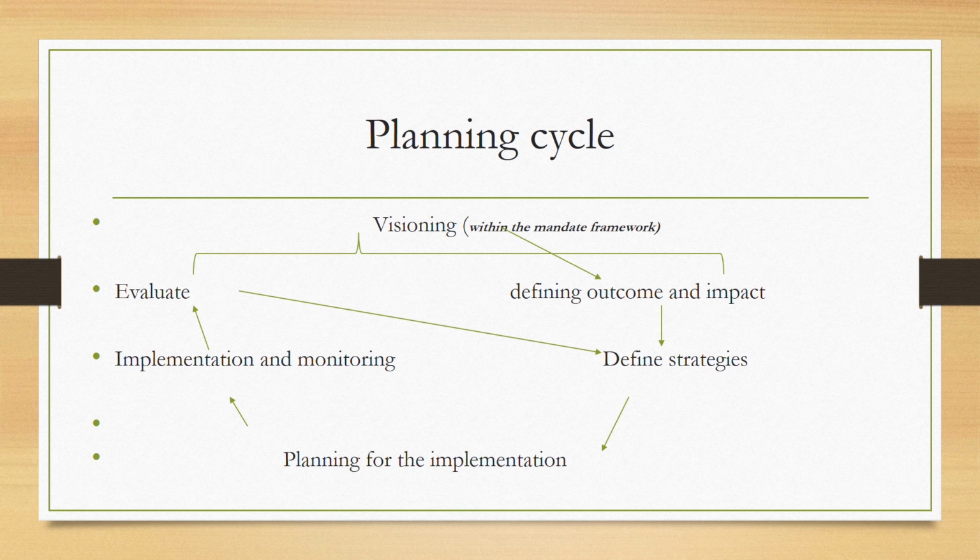What strategies should we implement to make sure that we attain those results? Then the implementation plan, how to go about implementing the strategies, and then you monitor and you evaluate to make sure that you have evidence-based information that makes you have informed policies and informed plans.